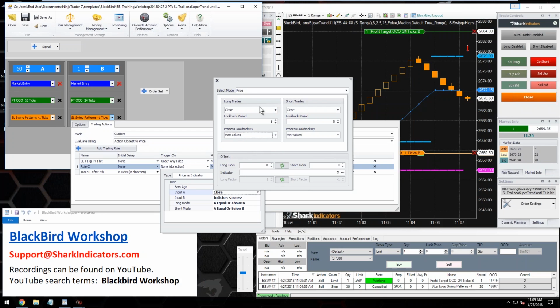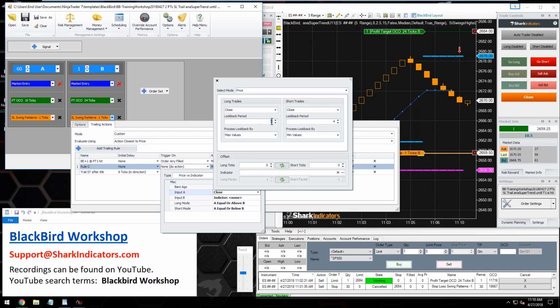Actually, this may work. One of the abilities of using the price panel here is you have a look back. So let's see here. Yeah, I think we need to look back 4 bars.